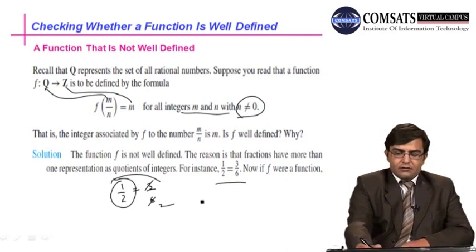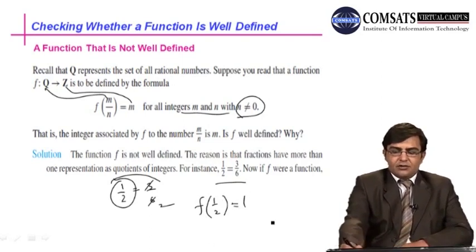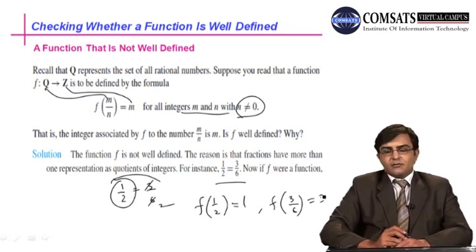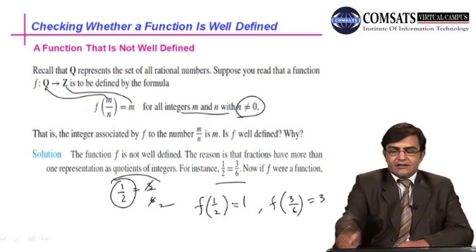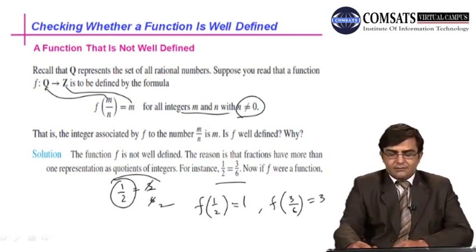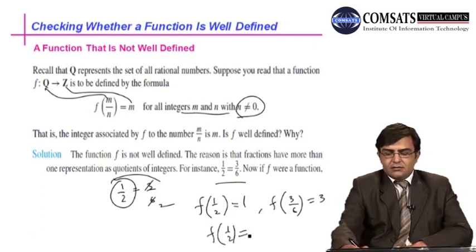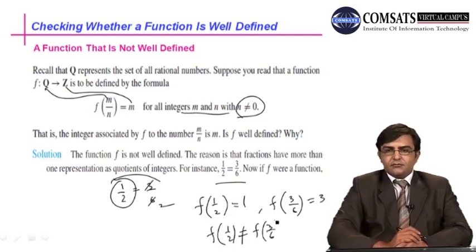Now the image of 1 by 2 under this function will be 1, and the image of 3 by 6 will be 3. So here 1 is not equal to 3, that is, f of 1 by 2 is not equal to f of 3 by 6.